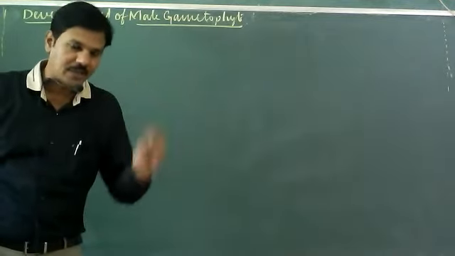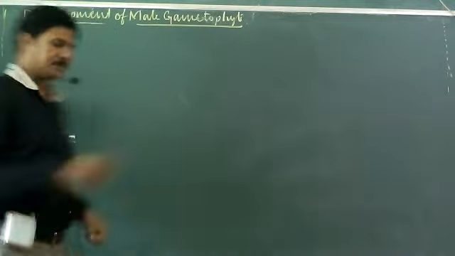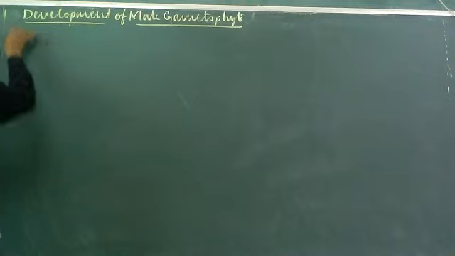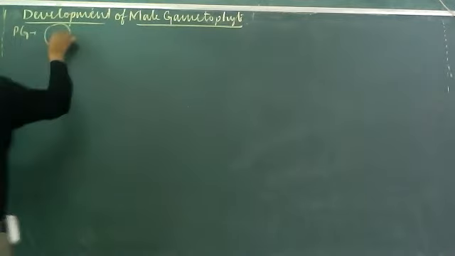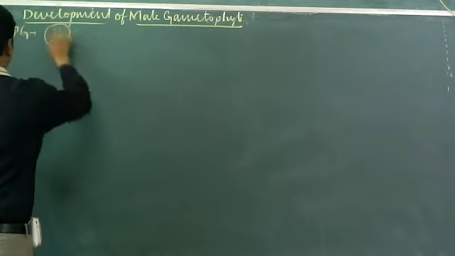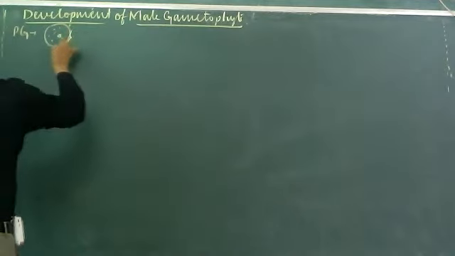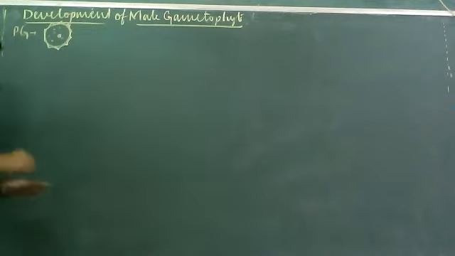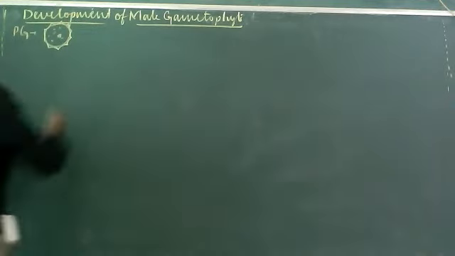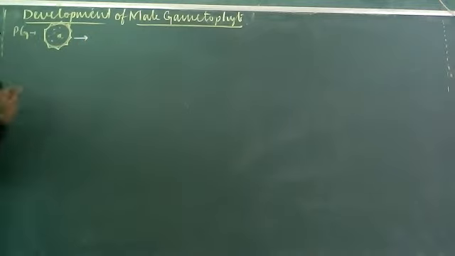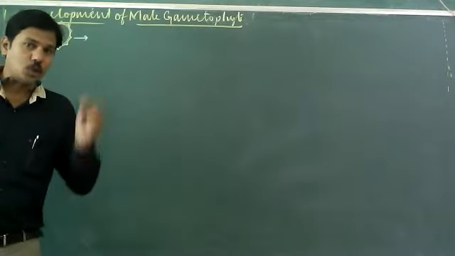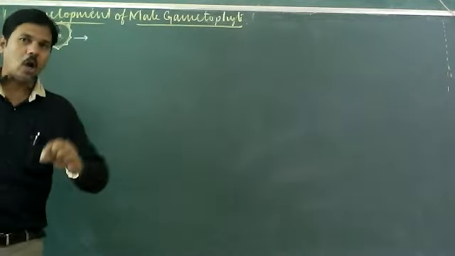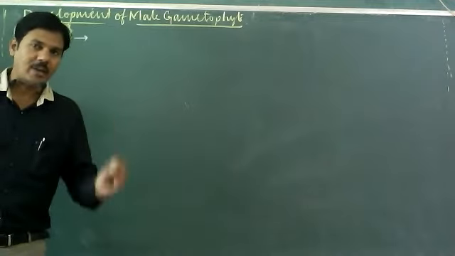Pollen grain is the first cell of male gametophyte. The nucleus of the pollen grain, or microspore, undergoes a mitotic division.